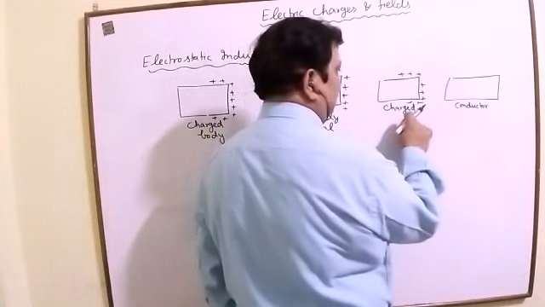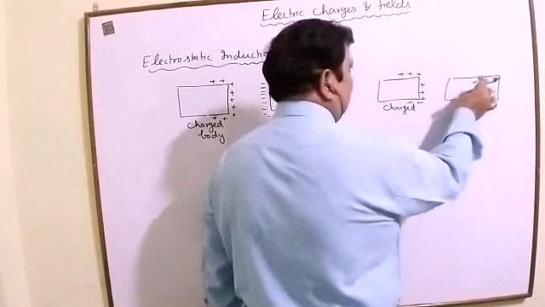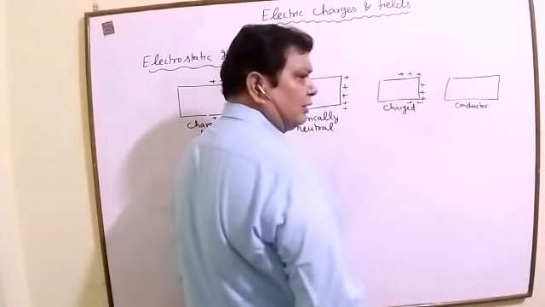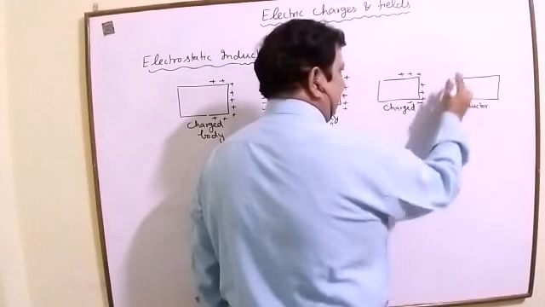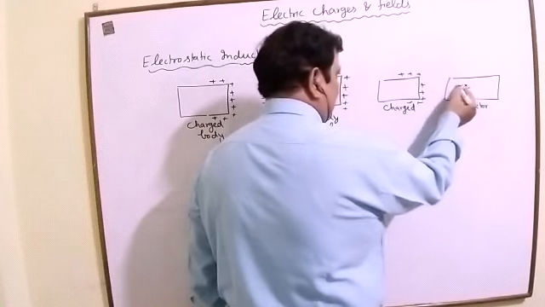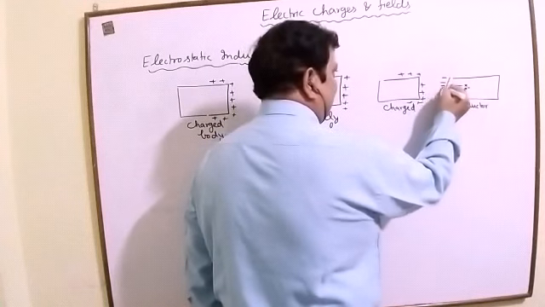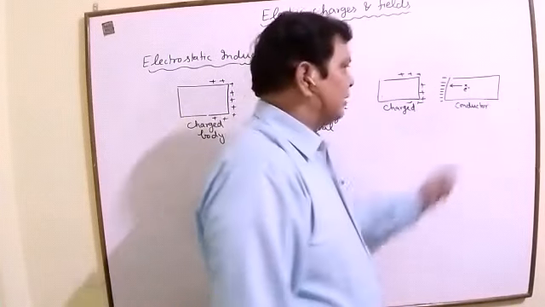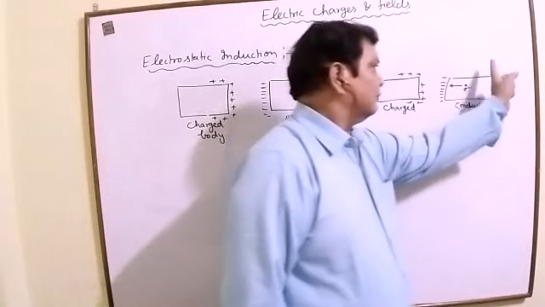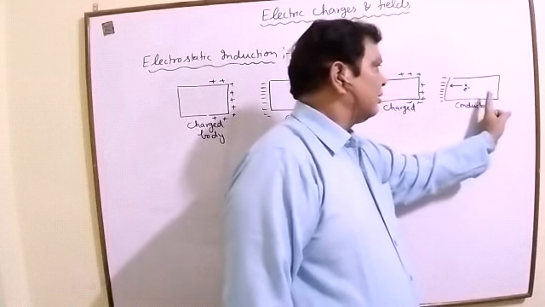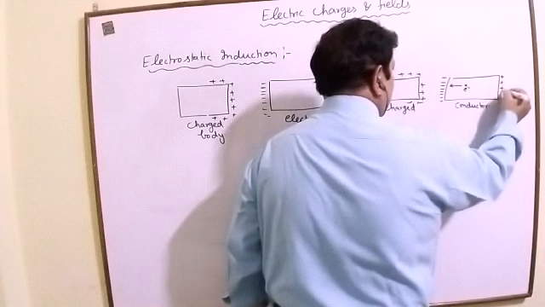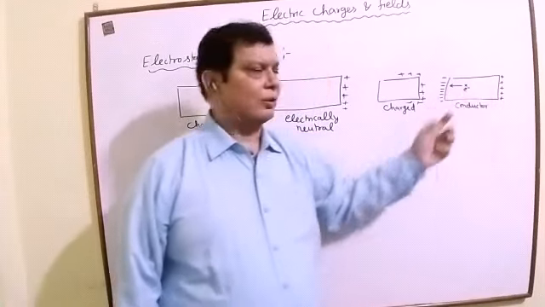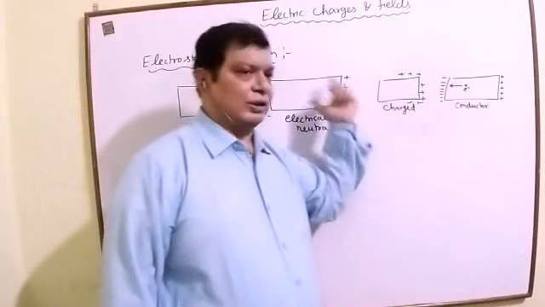Because of this positively charged body, some of the free electrons present in it shift towards the positive charge because of attraction. At the end where the electrons have shifted, there will be an excess of electrons, so negative charge appears, while at the other end there will be a deficiency of electrons, the electron density will decrease, so some positive charge occurs there. That means very easily in conductors, because of the shifting of electrons, the phenomenon of electrostatic induction occurs.